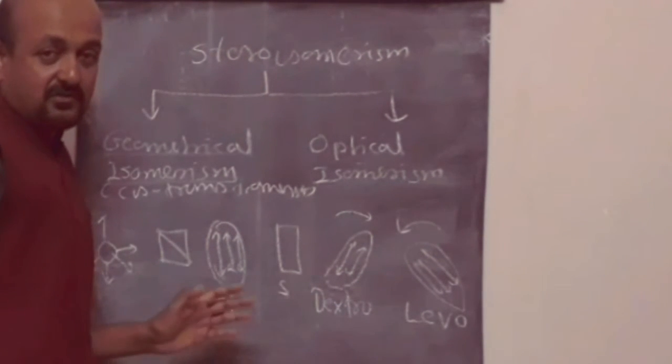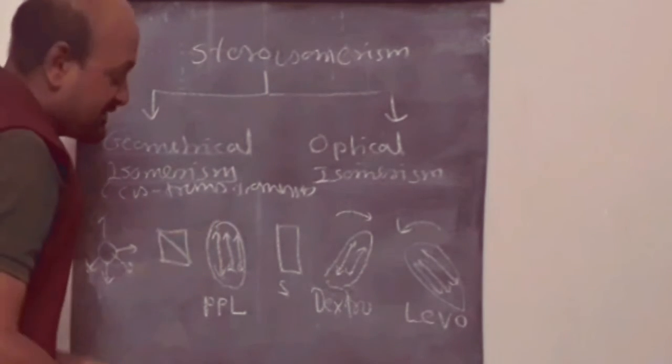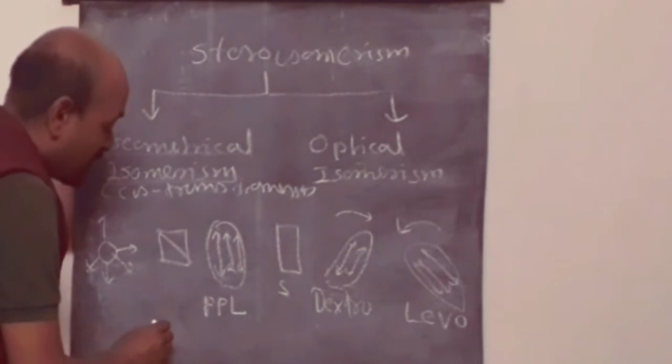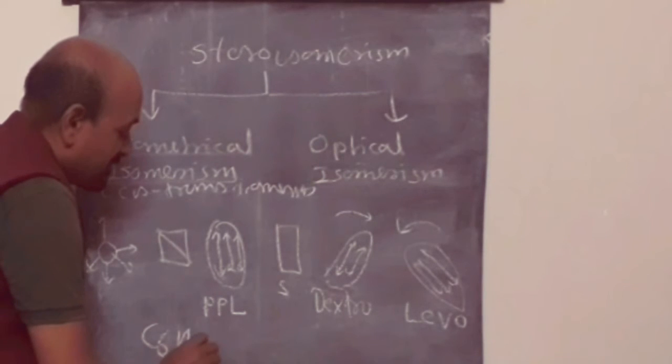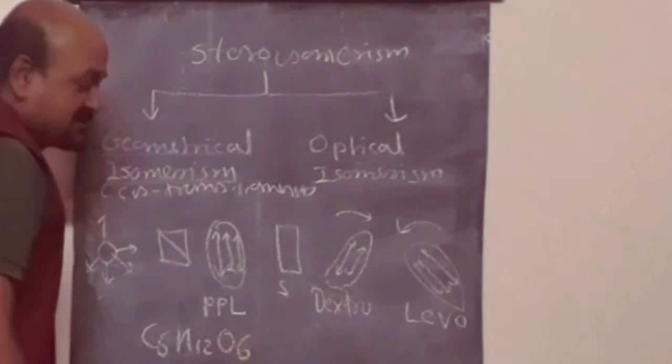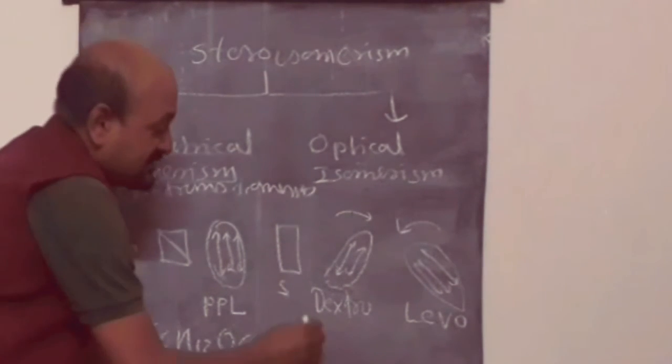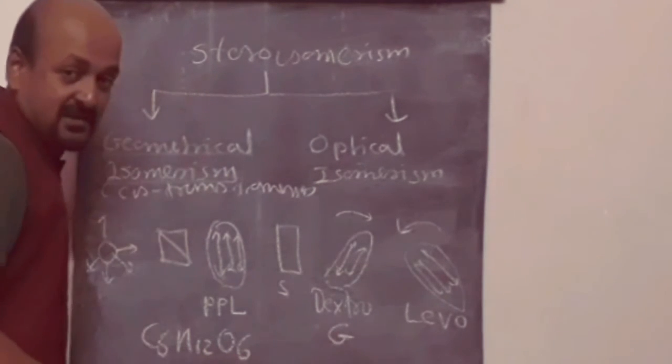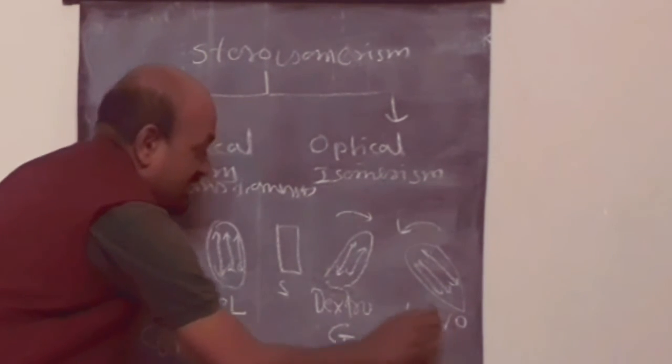For example, glucose and fructose are two isomers of a compound having molecular formula C6H12O6. Glucose is dextrorotatory, whereas fructose is levorotatory.